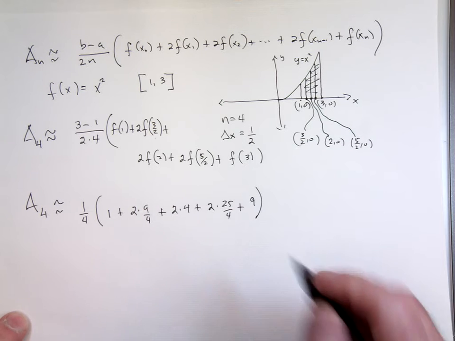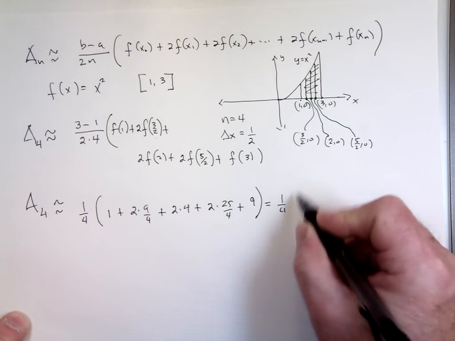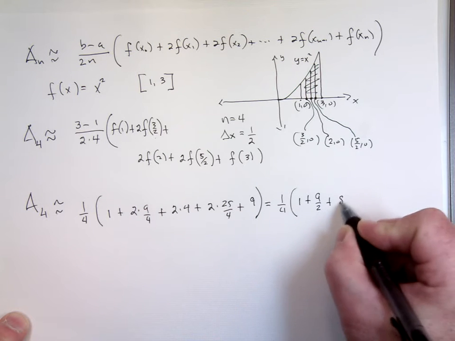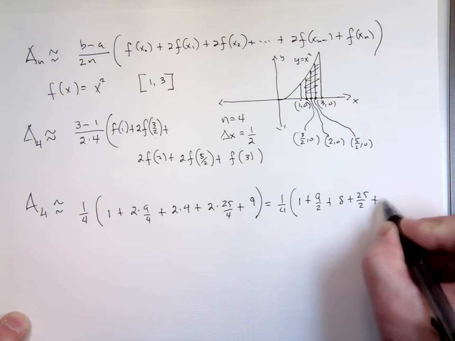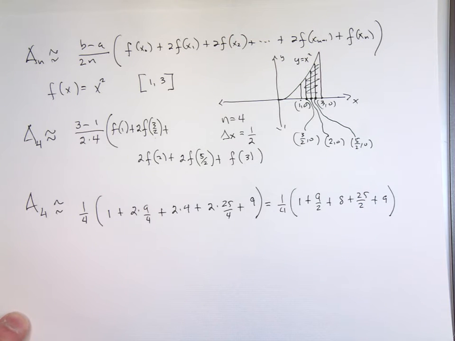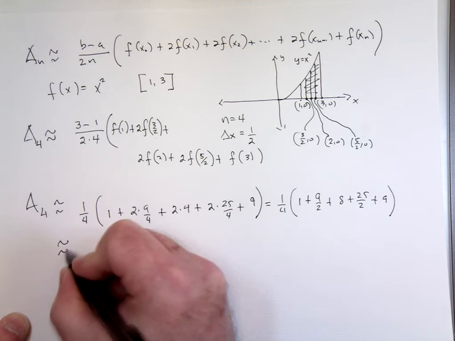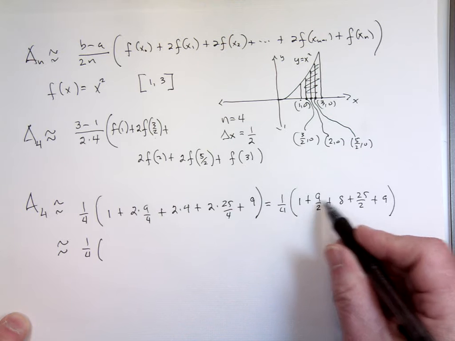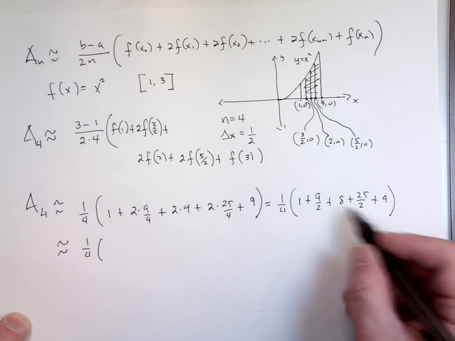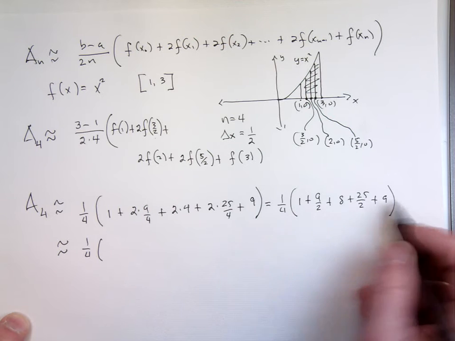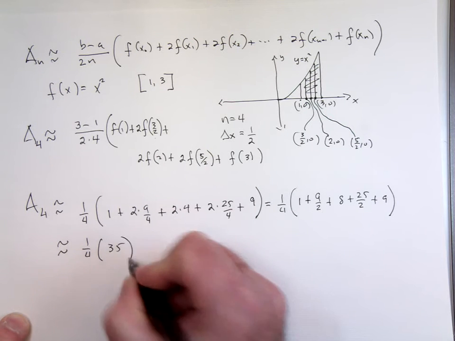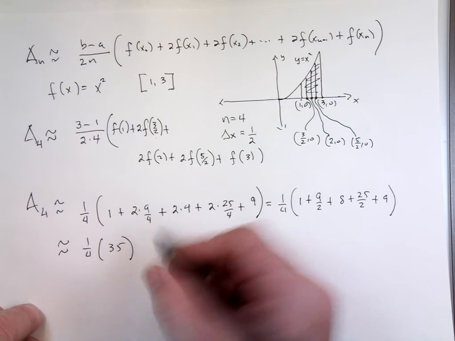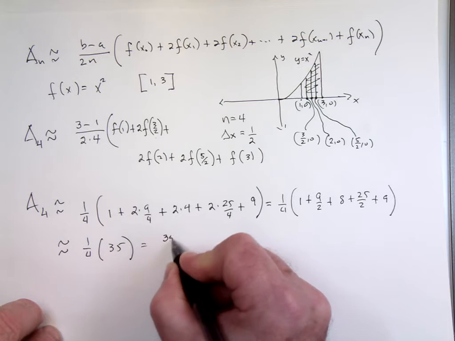This is equal to 1/4 times 1 plus 9 halves plus 8 plus 25 halves plus 9. Let's see, I've got 34 halves. That's 17. Another 17. I have 35 inside here. Yeah, that looks about right. So I get 35/4.